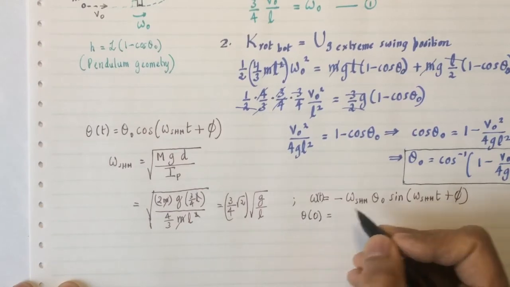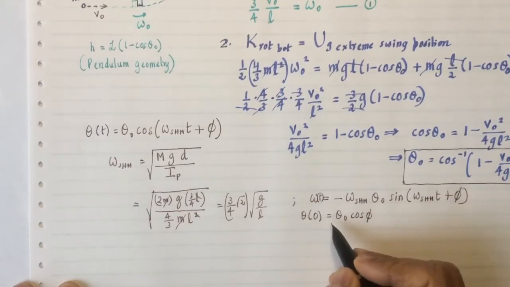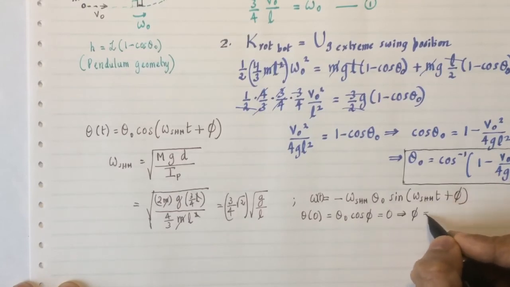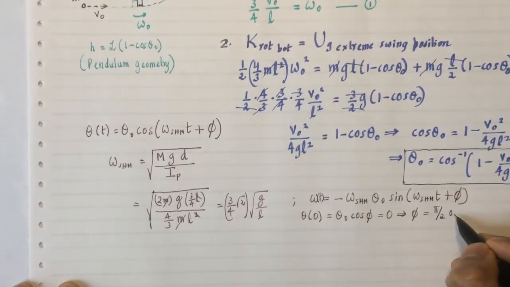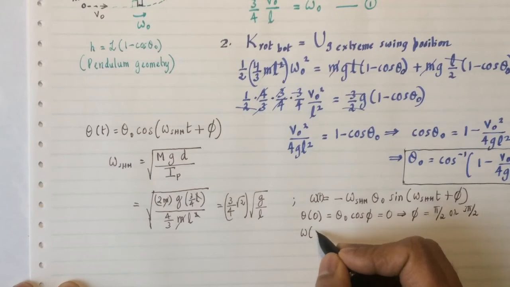So theta of 0 is going to be theta naught cosine phi. Well, the angle was just dangling vertically, so that's 0, which means that phi is going to be either pi over 2 or 3 pi over 2, exactly like in that mouse jumping off the cheese block problem we had in the previous video.